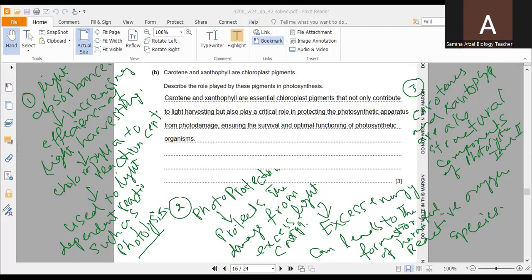In this way, they help in stabilizing the pigment protein complexes within the thylakoid membranes, ensuring the efficient organization and function of the photosynthetic machinery.